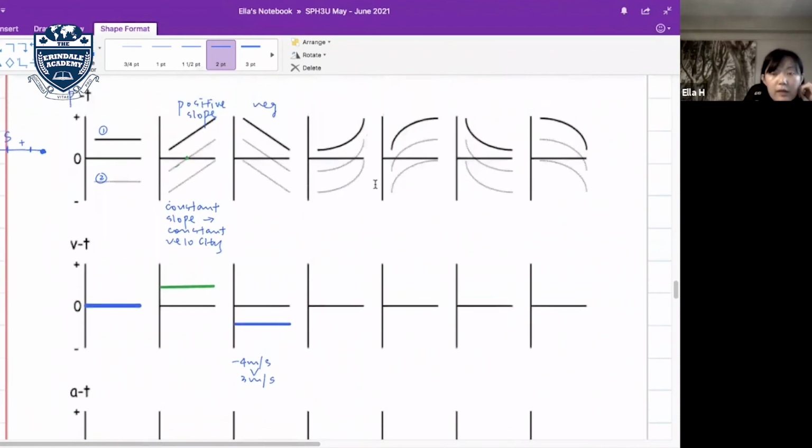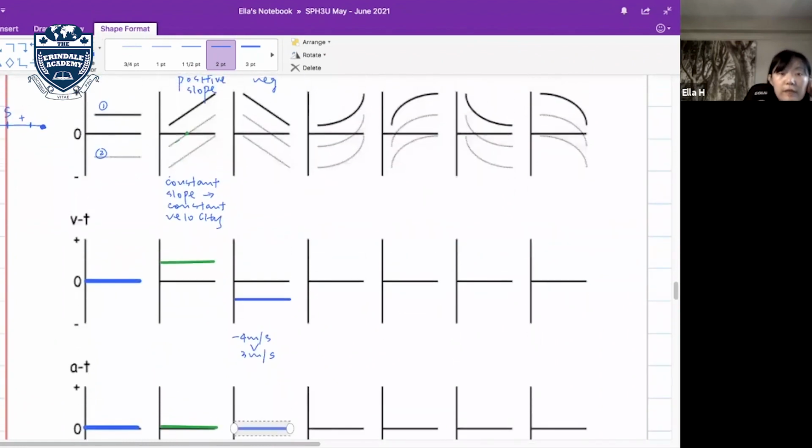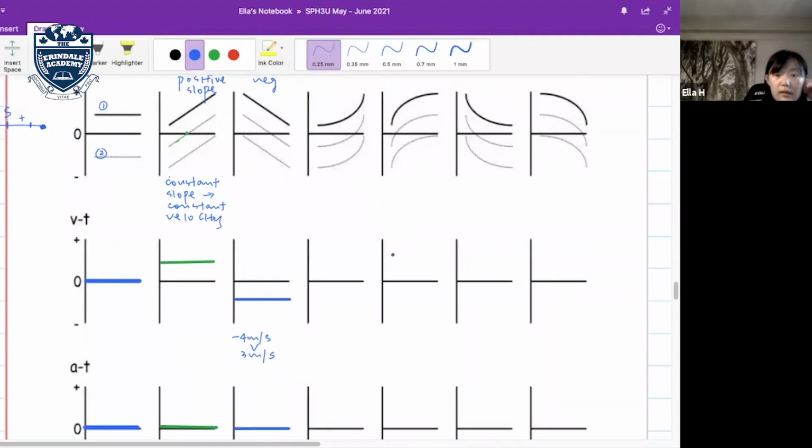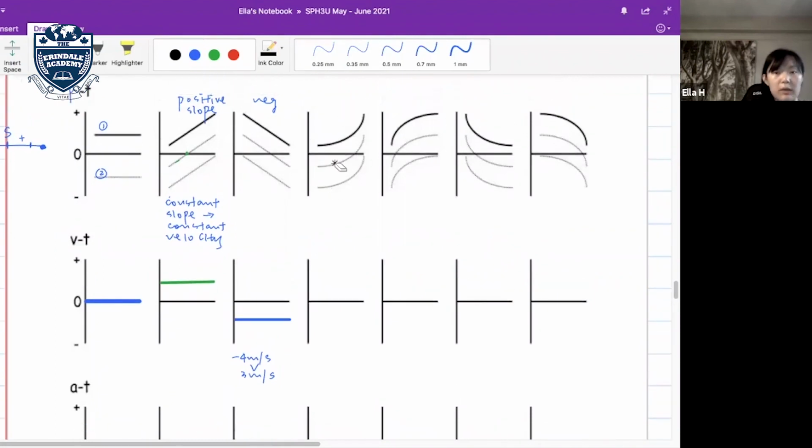But for now, we're gonna do some advanced PT graphs. They have changing slope, which means their velocity is changing. So we have to generate some VT graph, looks like this, that, or that. So let's see the number 4, the middle one.